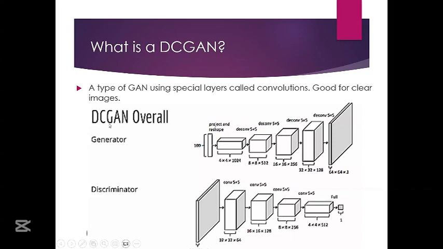So this DC GAN has 2 CNN networks. They help to create the images, generate the noise, and check whether the images are correct or not easily, because I have explained why the CNN came into the picture. First, in the lecture, I explained what is a neural network. Then I explained what is a convolutional neural network.